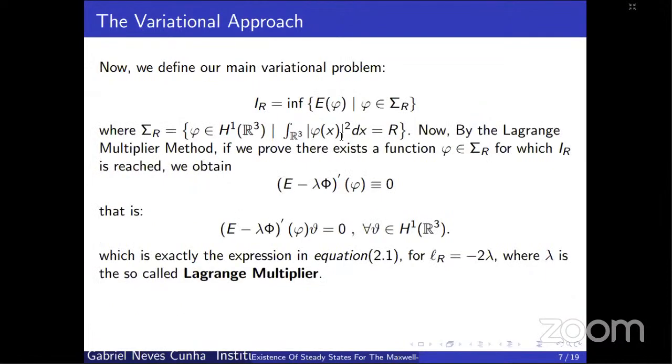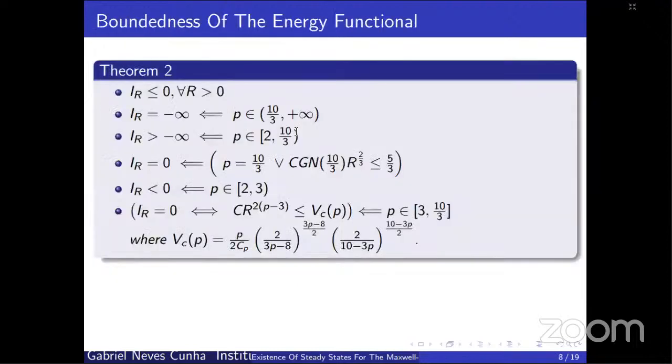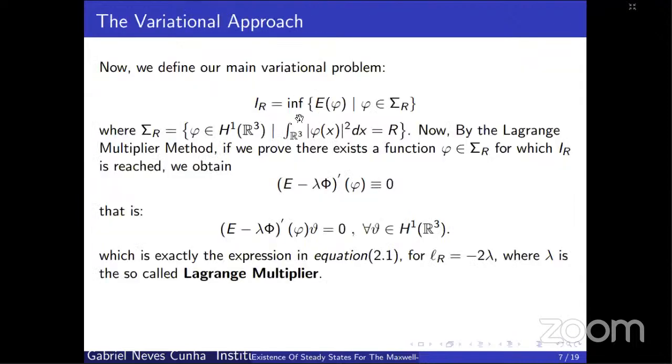So this was only a brief explanation of the variational approach, the definitions. Right? Everything has to start off by the basics. So our problem is a minimization problem. What we do is, first of all, we study in what cases this infimum is finite.